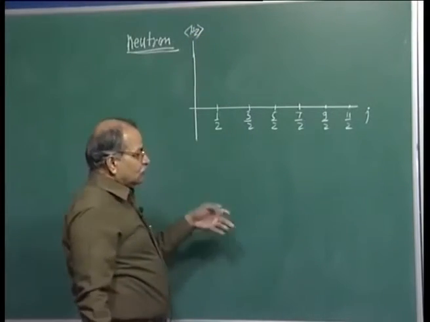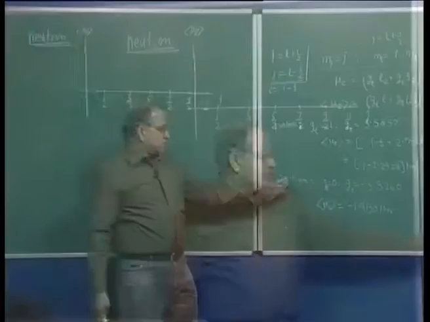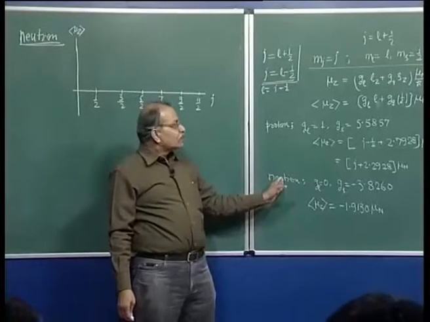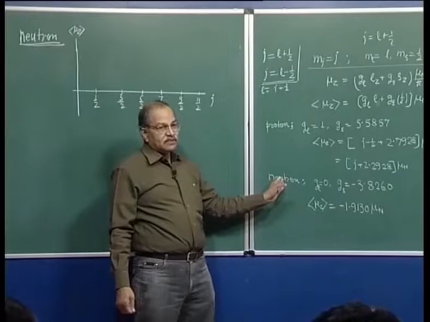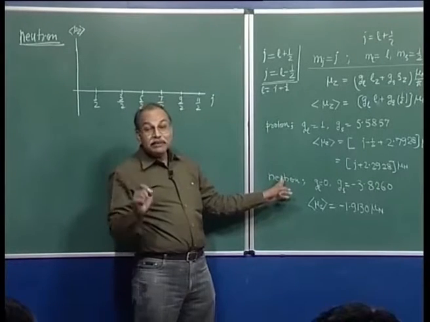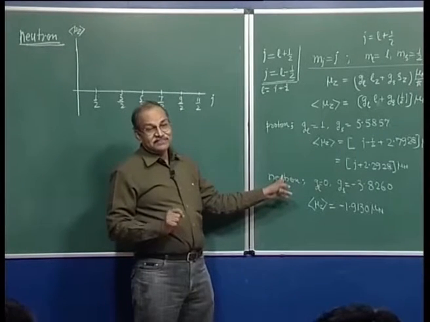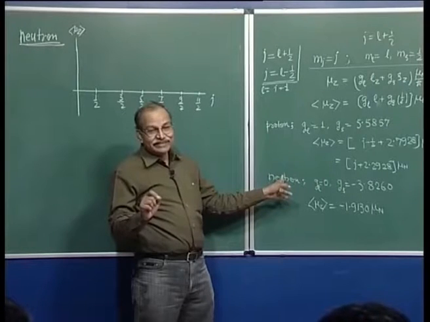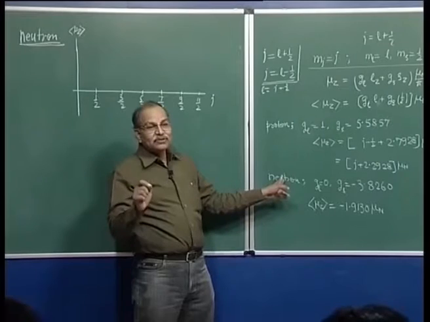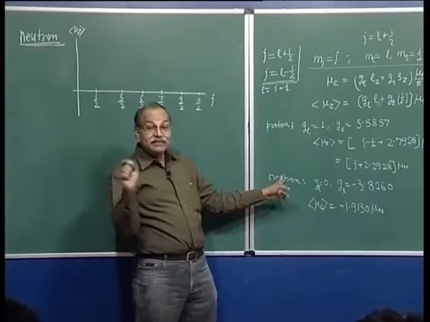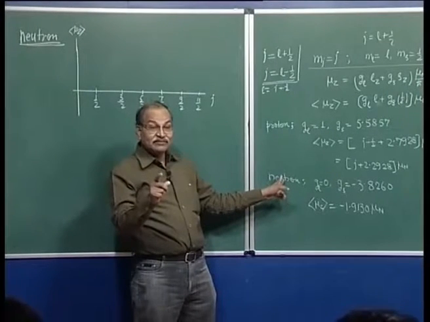So, neutron, two cases. First, this case, if J is L plus 1/2, for example P 3/2, if that last nucleon is in the P 3/2 state, 1P 3/2 or 2P 3/2. So, P means L is equal to 1.